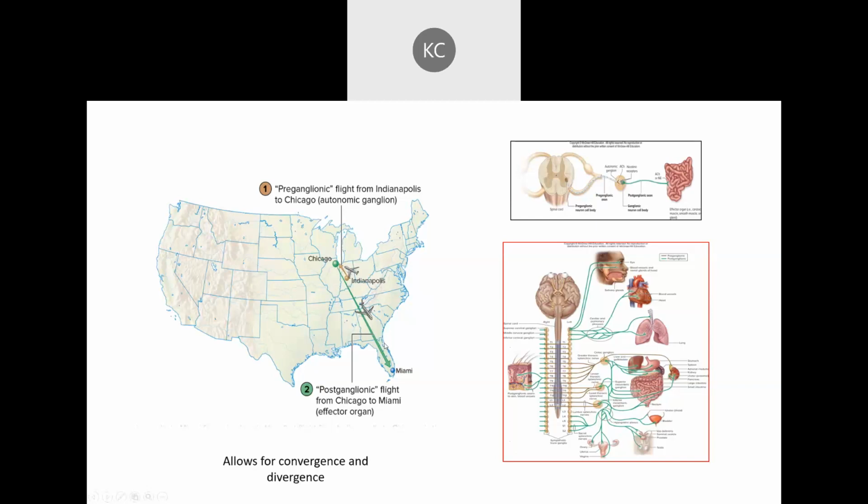In the chart that we looked at previously, it showed one preganglionic neuron and one postganglionic neuron. That's kind of an oversimplification. You can have multiple postganglionic neurons and multiple preganglionic neurons converging or diverging from a ganglia. You can see that here. You have multiple postganglionic neurons radiating out to all of our peripheral effectors.